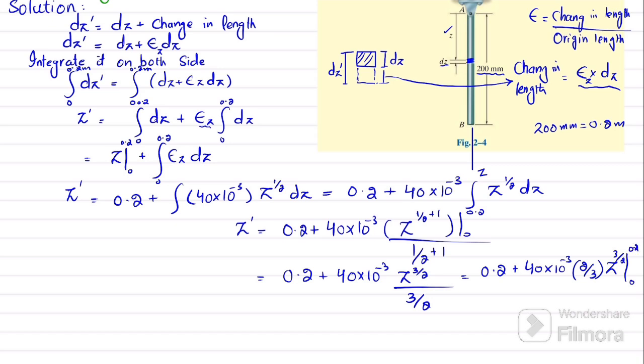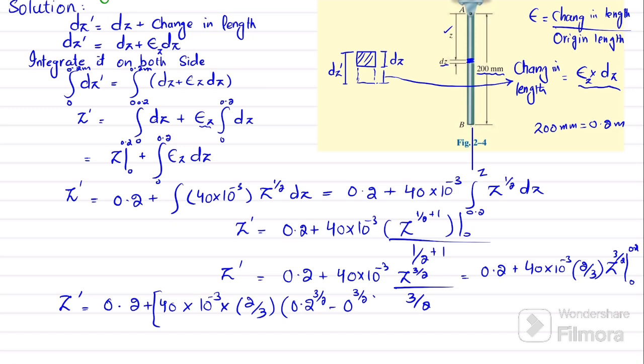Okay. Now if you further simplify it, z dash will be equal to 0.2 plus 40 into 10 raised to power minus 3 multiplied by 2 by 3 into z power 3 over 2, so 0.2 power 3 over 2 minus 0 power 3 over 2.